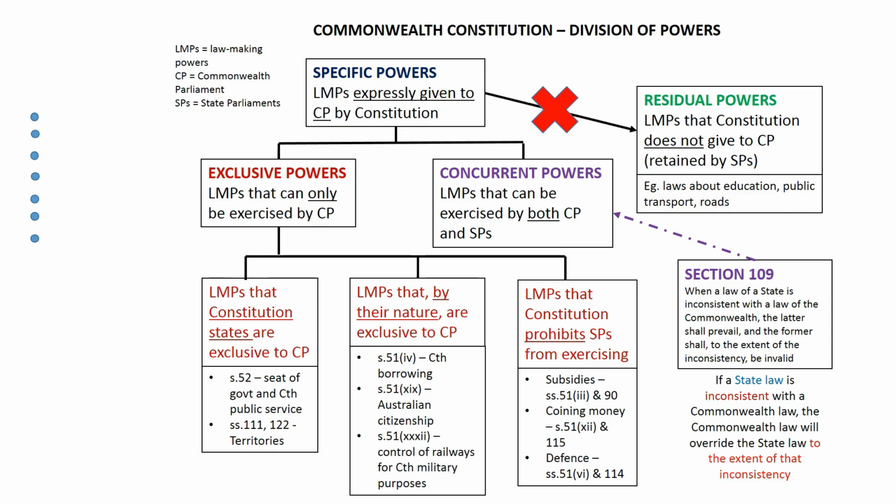In that case, we had a Victorian Act called the Infertility Treatment Act, and Section 8 of that Act said that the only women who could receive in vitro fertilisation, that is IVF treatment to help them have children, were women who were married or who were in a de facto relationship.